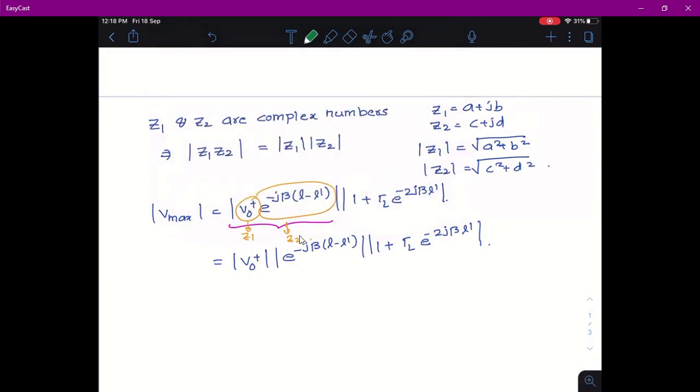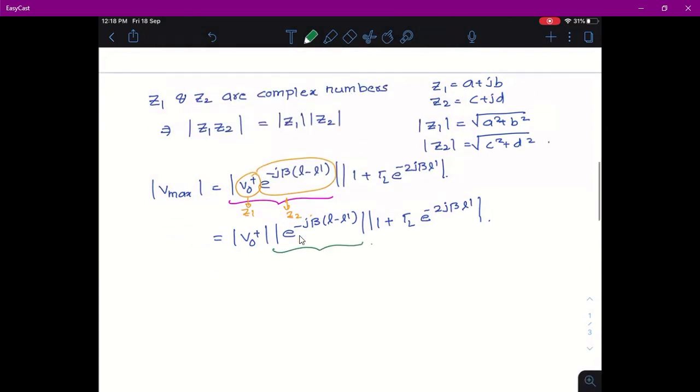So, what is this term? Let us expand. E raised to minus j beta into L minus L dash is actually cos of beta L minus L dash minus j sin of beta L minus L dash, because it is a minus j.